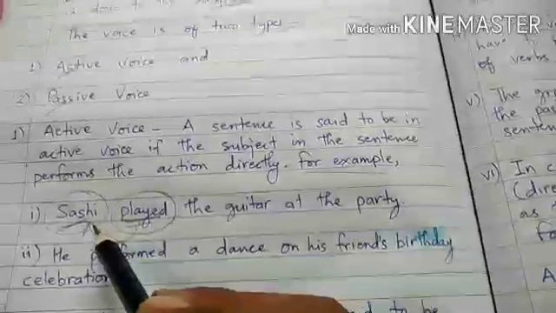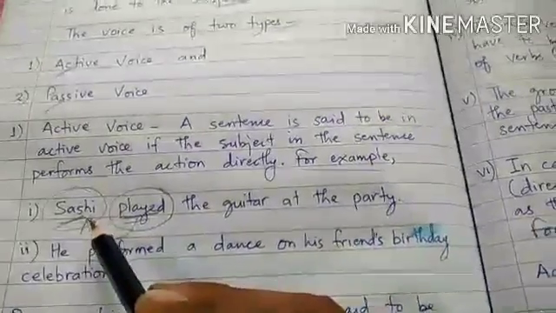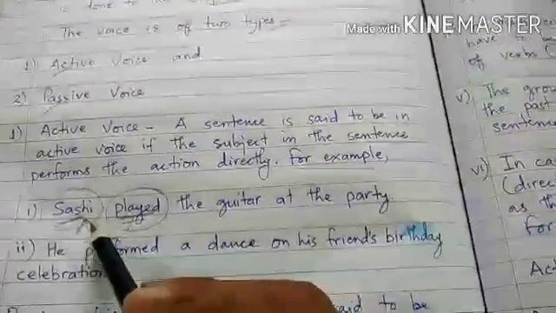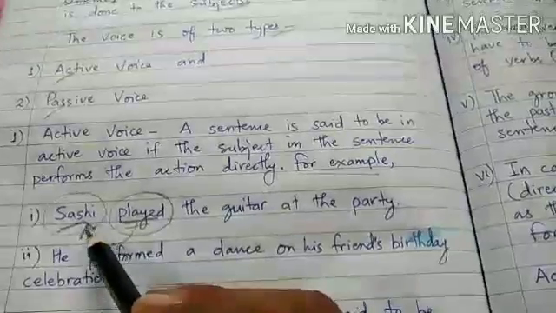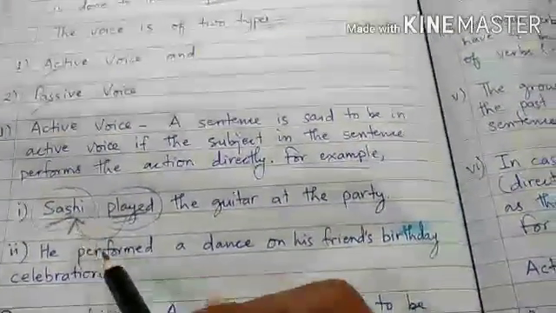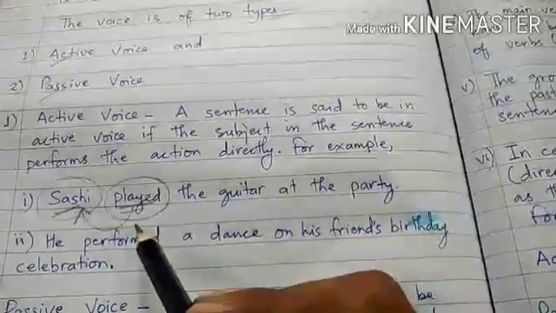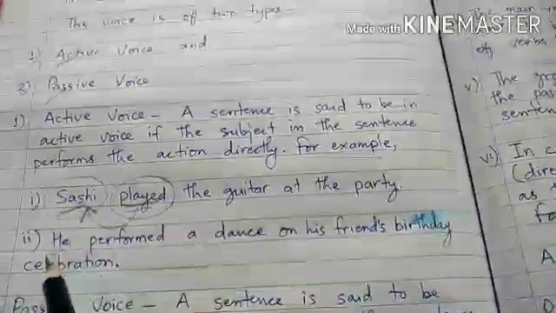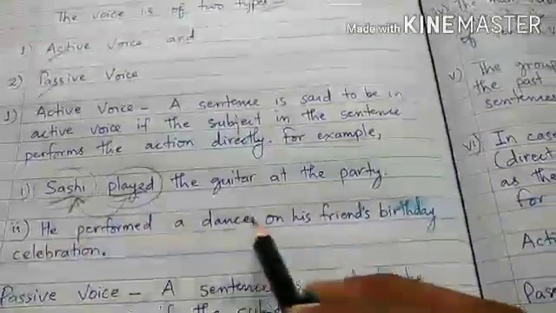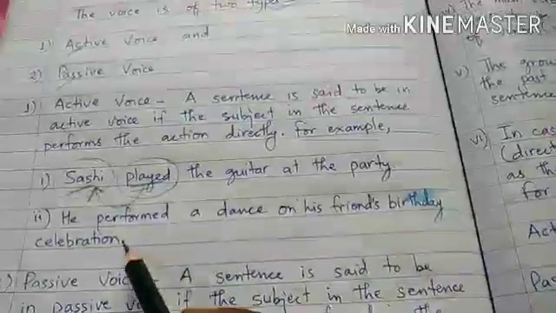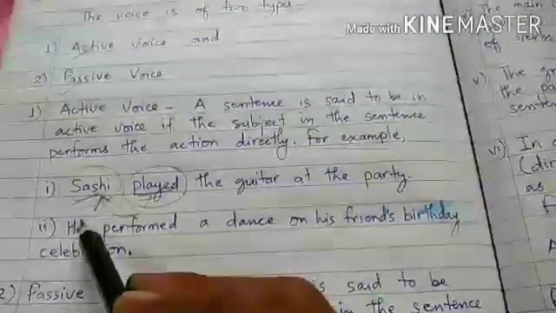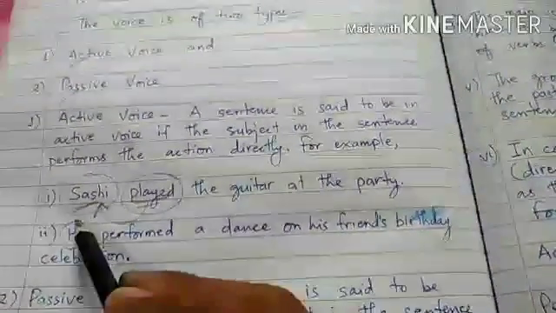So here, if the sentence expresses the action which is directly done by the subject, then it is the sentence written in active voice. Okay, like in another sentence we have, he performed a dance on his friend's birthday celebration. Who performed the dance? He. So he is the subject here.